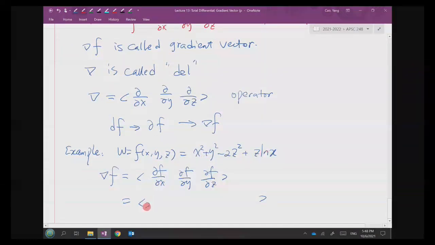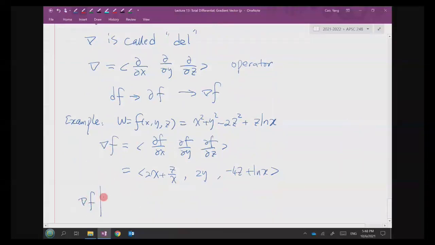So look at this function here. What do we get? The first one, we get 2x plus z over x. Partial f over partial y is 2y. There's nothing else. Partial f over partial z is negative 4z plus ln x. All right, so that's the result of this del f operation, which gives us the so-called gradient vector.